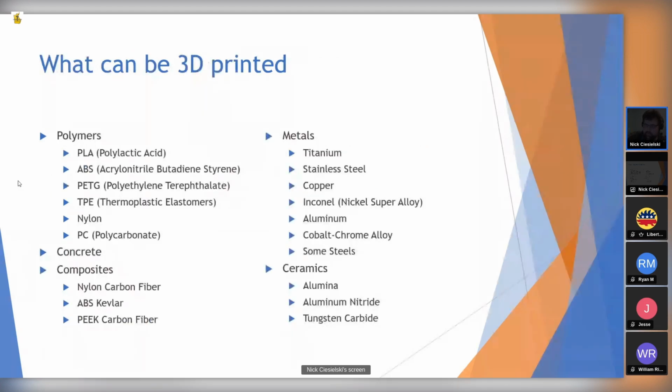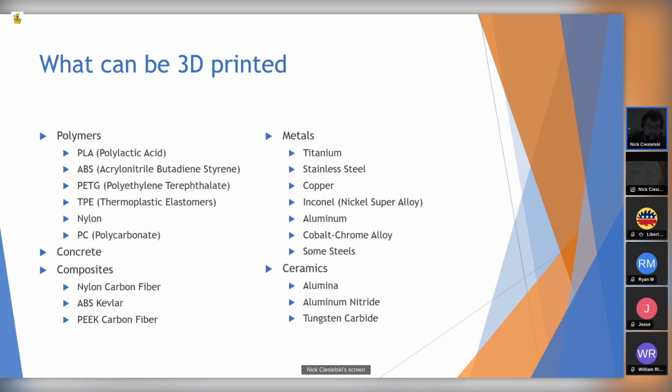Let's talk a little bit about 3D printing in general. You're not going to do a lot of this at home, but there's a whole lot of things that can be done. The large thing that people are always looking at with 3D printing is polymers. That's what you're generally going to be doing at home.